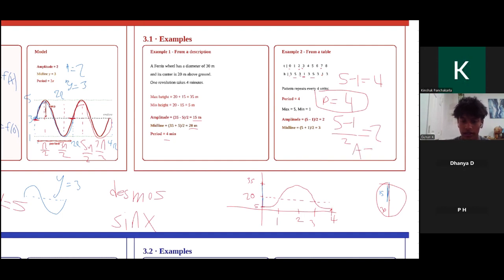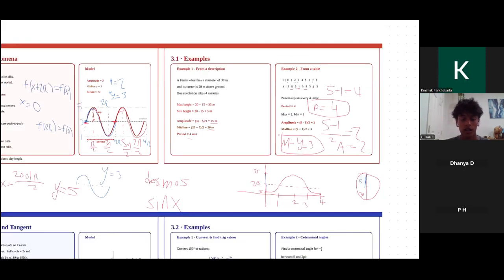And the midline is going to be halfway between our maximum and minimum, which is 3, so y equals 3. And I think I worded the amplitude wrong. The amplitude is the distance between your midline and the maximum or minimum points.